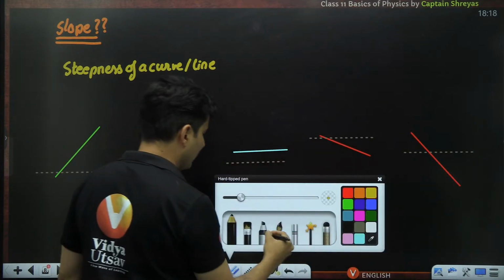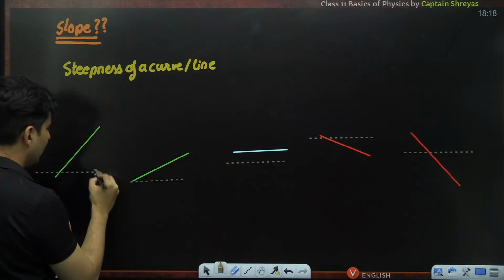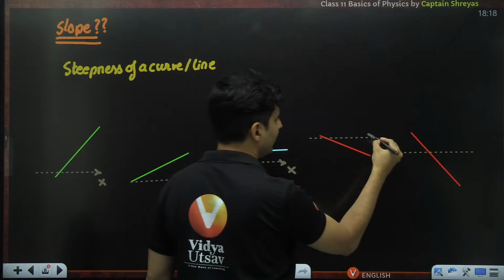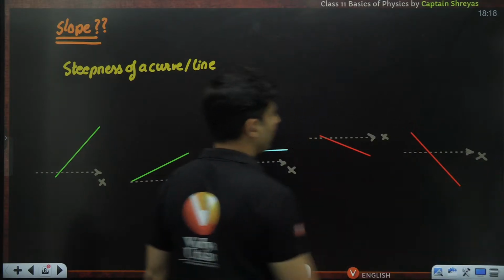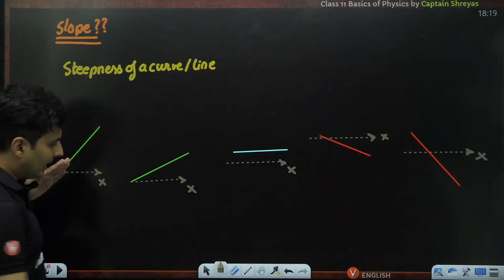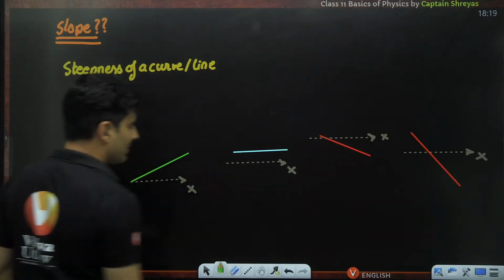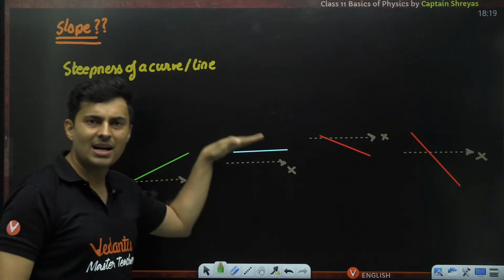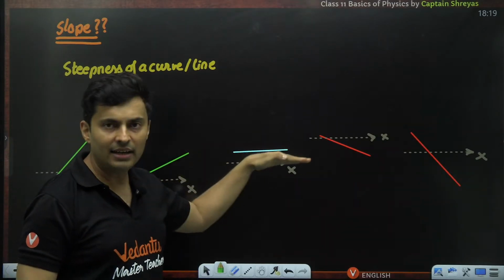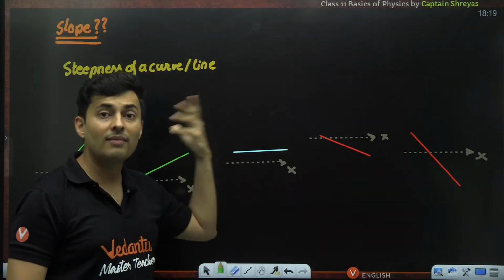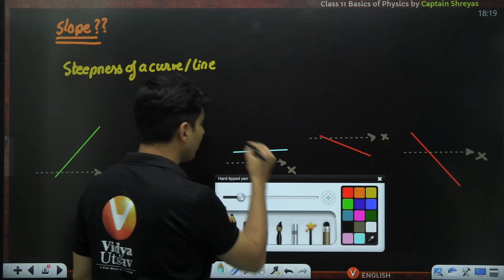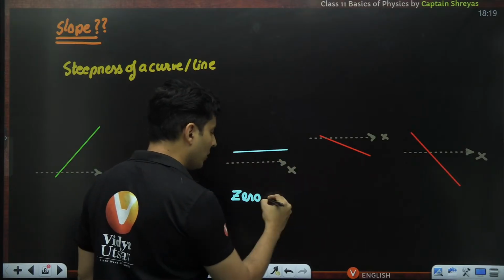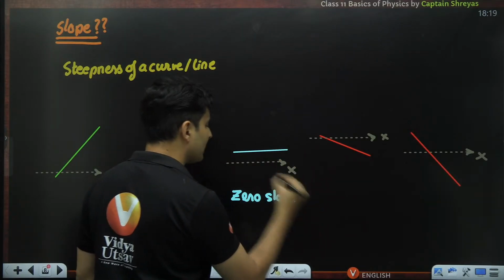Whatever that gray dotted line is, that is our x-axis, or horizontal axis. When a line or a curve is going upwards, it is said to have positive slope. When the line is neither going up nor going down, it's just running flat to the horizontal axis, it is said to have zero slope. This line over here has a zero slope. It's neither going up nor going down, so the steepness is zero.